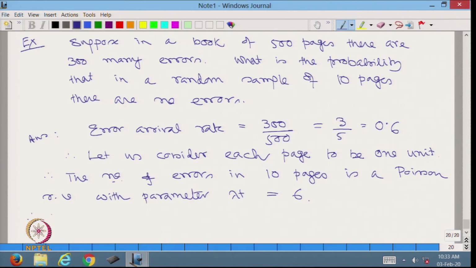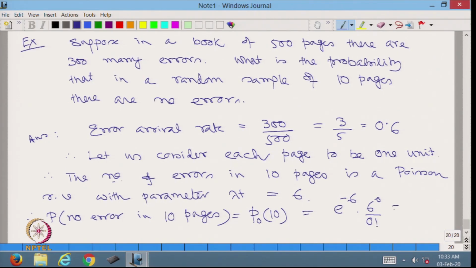Therefore, the probability of no error in 10 pages is equal to P0(10), which is e to the power minus 6 into 6 to the power 0 upon factorial 0, equal to e to the power minus 6.